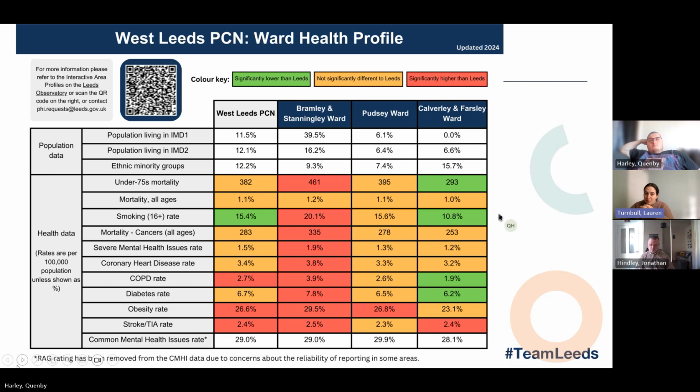And when we look at the deprivation data, the percentage of the population that fall within IMD1 and IMD2, the most deprived neighbourhoods nationally, there's a bit of a correlation between the proportion of the population in those IMD areas and the higher rates of health conditions.